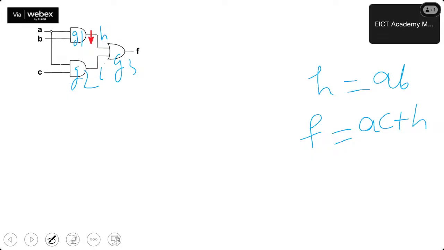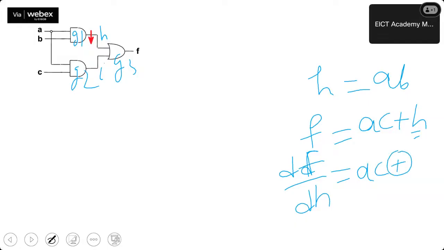Now I can figure out df upon dh, the Boolean difference. So the same thing, h is equal to 0 is going to give me AC, XOR with h is equal to 1, that's going to give me A. It's going to give me A plus C whole dash, right? This is what I am getting.